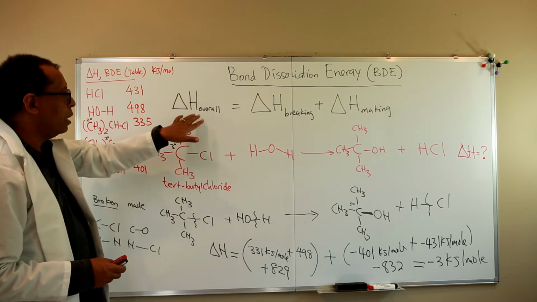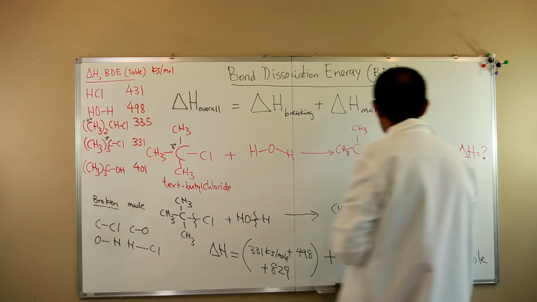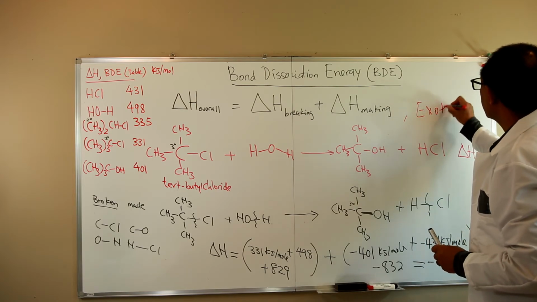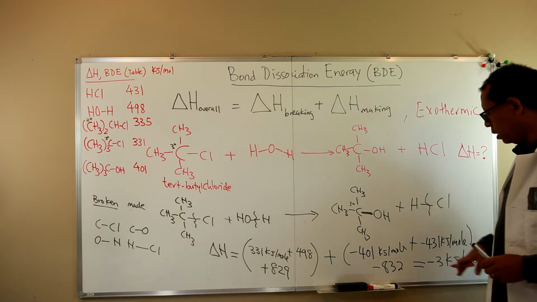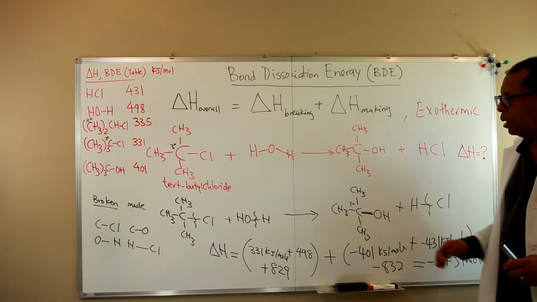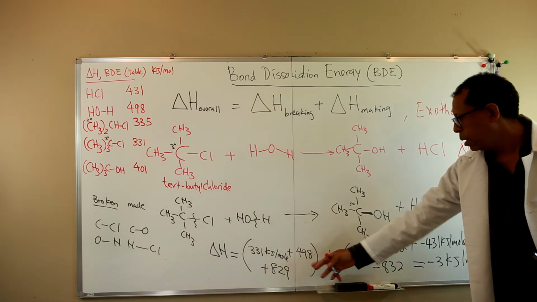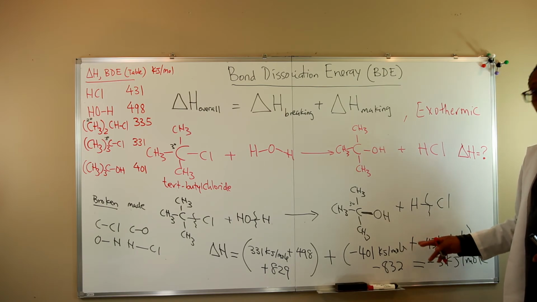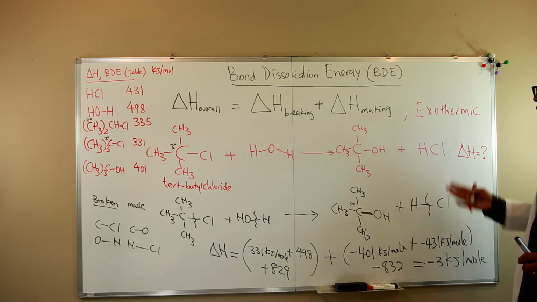So the delta H overall in this particular reaction is exothermic, because heat is finally released. Even though in some steps heat was absorbed, the amount of heat released is more than the amount needed to break the bonds.